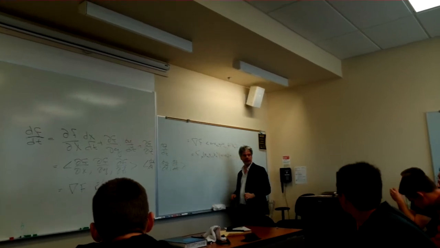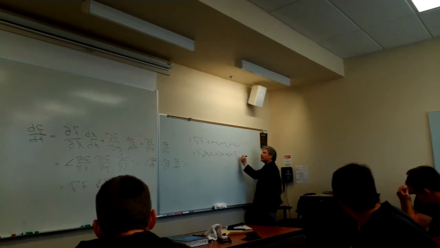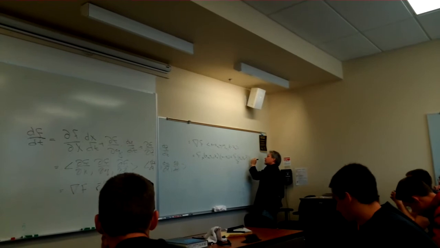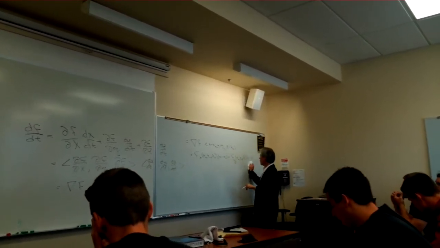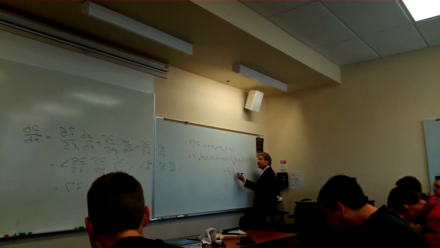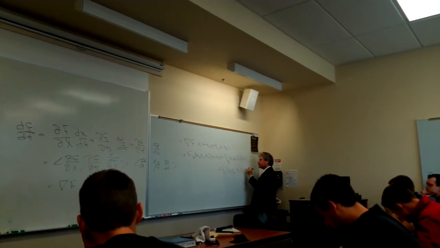I'm getting too sloppy again. Plus the partial of big F with respect to y, evaluated at this particular point, times y minus y naught. Oh, I'm running out of room. One more term: plus the partial of big F with respect to z, evaluated here, times z minus z naught.